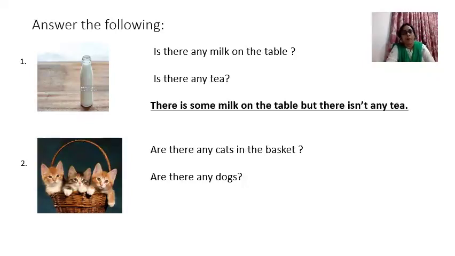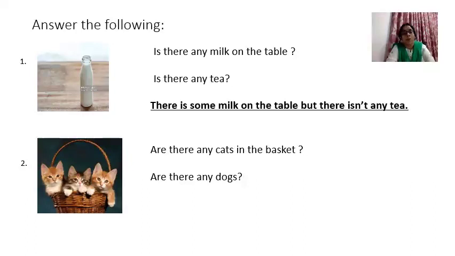Let us do the second one. Are there any cats in the basket? Are there any dogs? What can you see in the basket? There are cats, not the dogs. So, how will you answer?